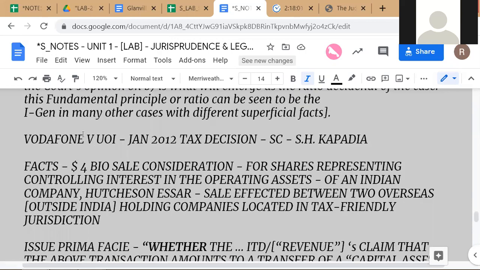What is happening in this transaction? Shares representing controlling interest in the operating assets of the Indian company, Hutchison. Maybe the name is slightly different, but this is approximately it. So these shares are being transferred between two overseas holding companies. The company representing the sellers is transferring to the company representing the buyers, which is Vodafone.